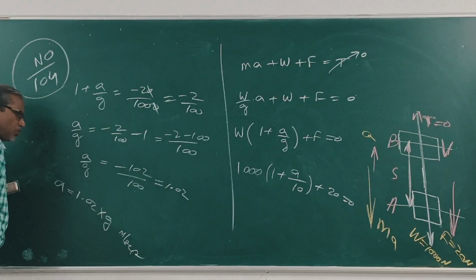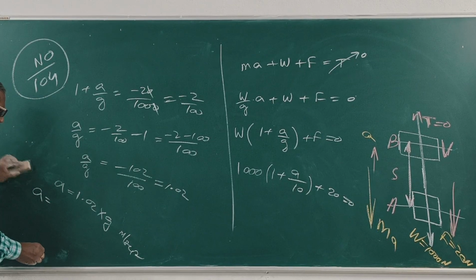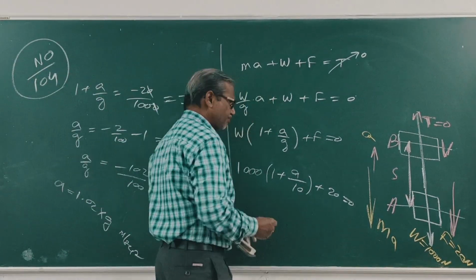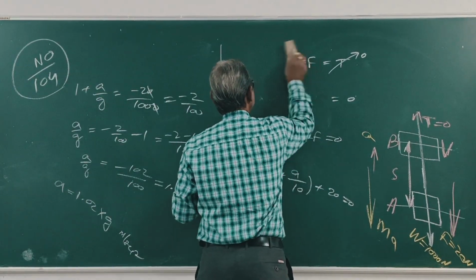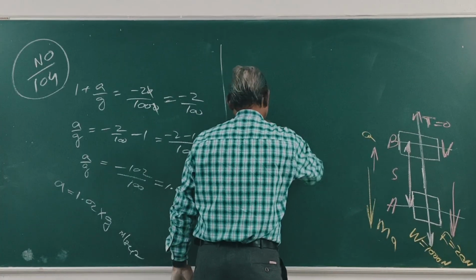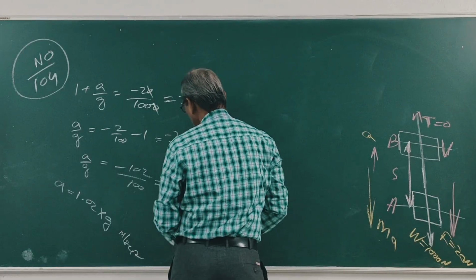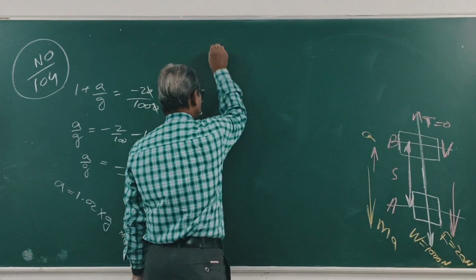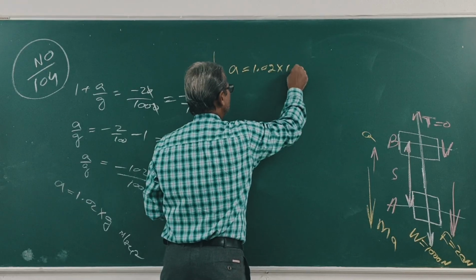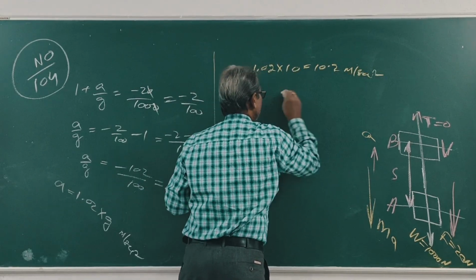So A is equal to 1.02 into 10, 10.2 meter per second square.